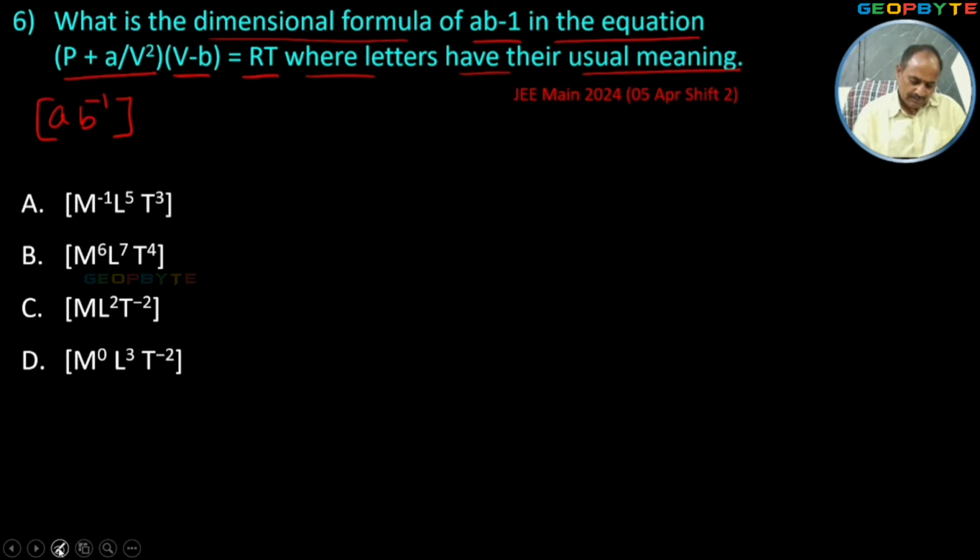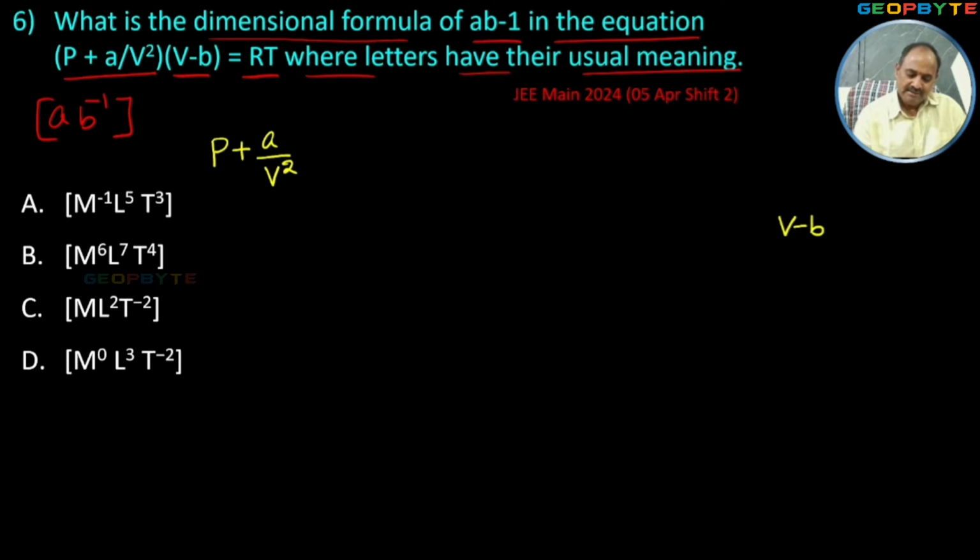Look, the equation consists of two quantities mainly. One quantity is p plus a by v square, and another quantity is v minus b.